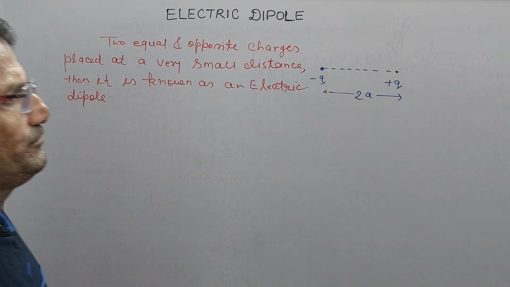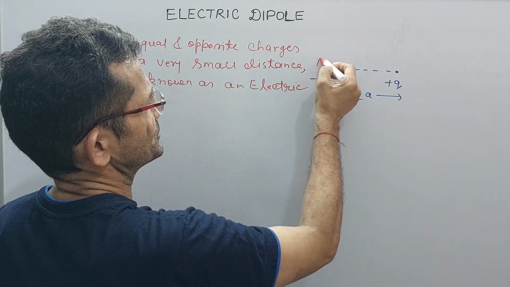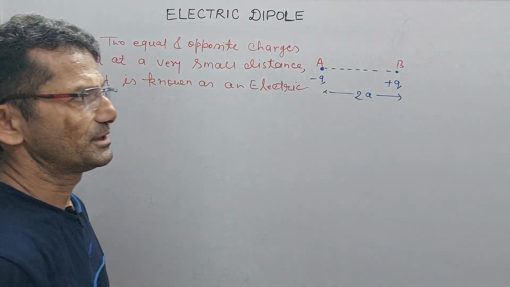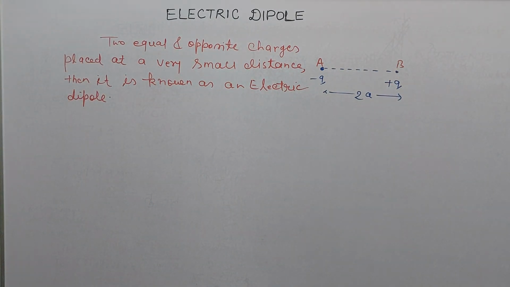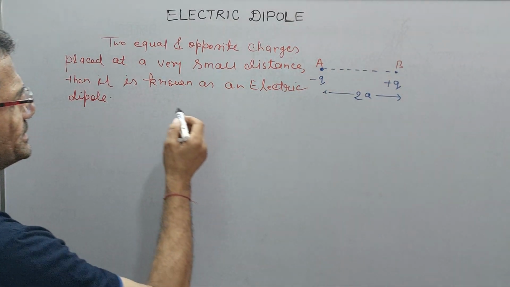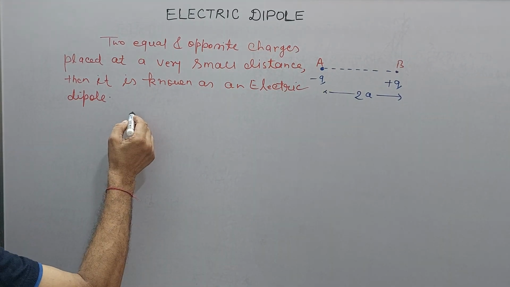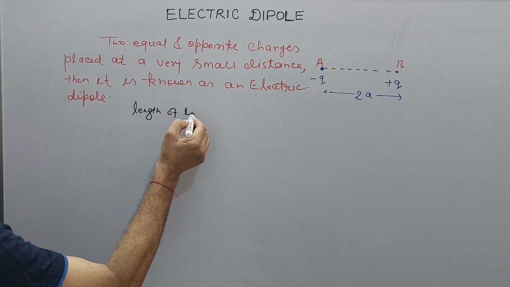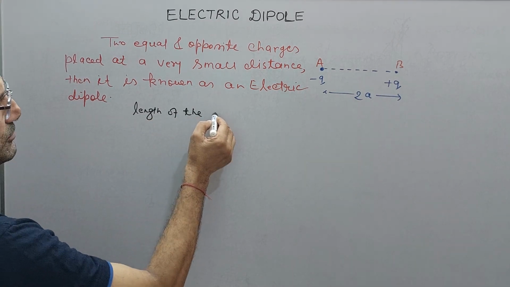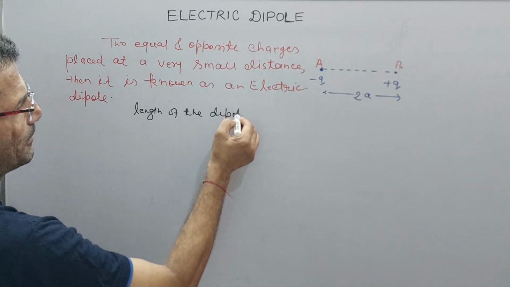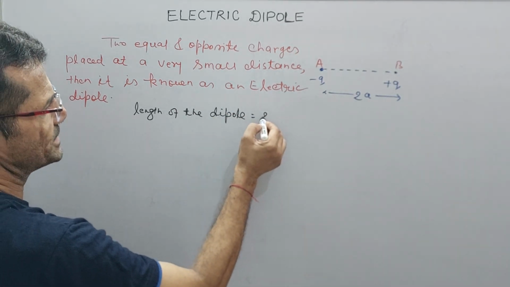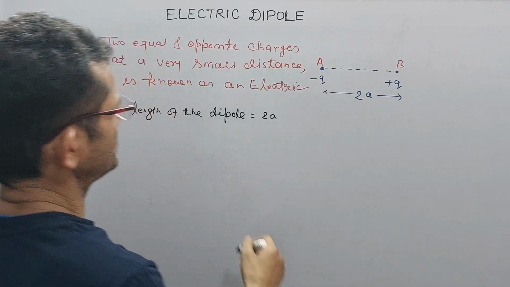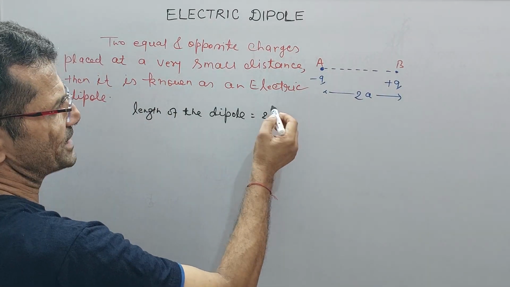Here let us suppose minus q is placed at the point A and plus q at the point B. So AB is here, and the length of the dipole is equal to 2a. Since it is a vector quantity, we write it in vector format.